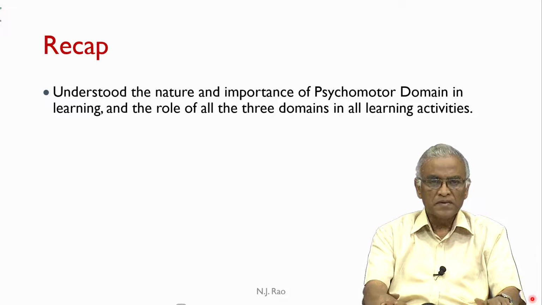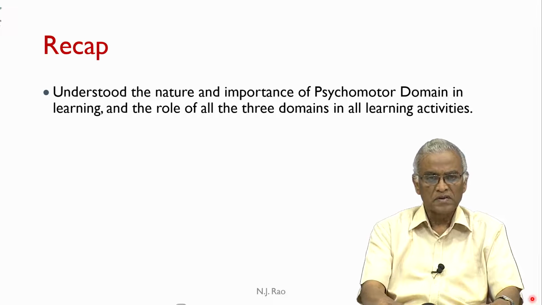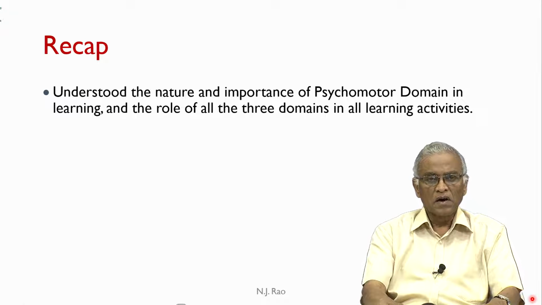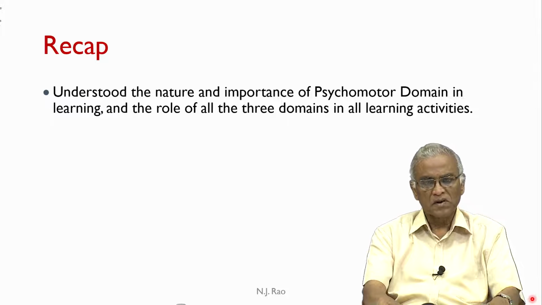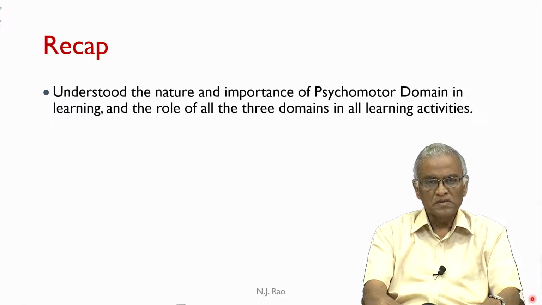Depending on the nature of the activity, one particular domain may be more dominant than the other, but for any mental processing activity that you do, there is a role for all the three domains: there is cognitive processing, there is affective processing, and there is also psychomotor processing.